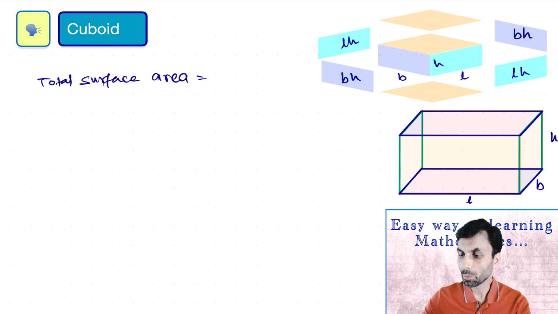And then the area of the base will be L into B, and the top area will also be L into B. So the total surface area will be 2 times LB plus BH plus HL.